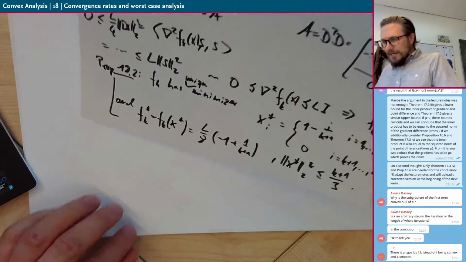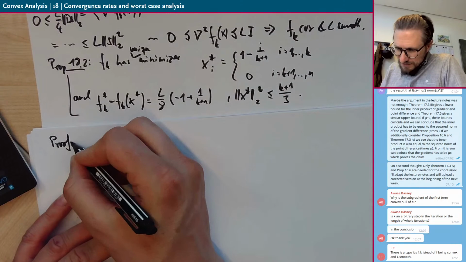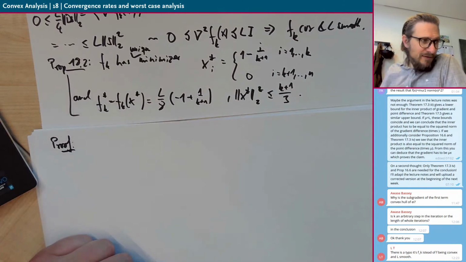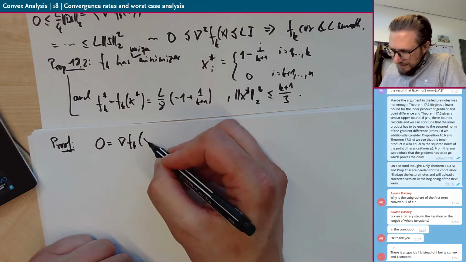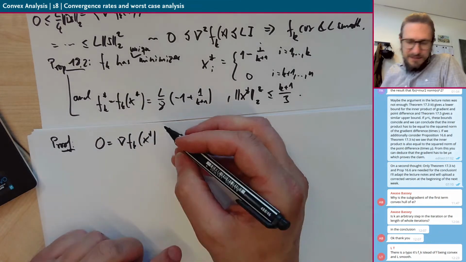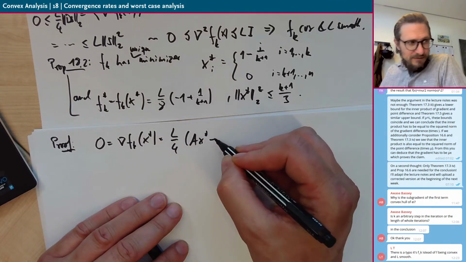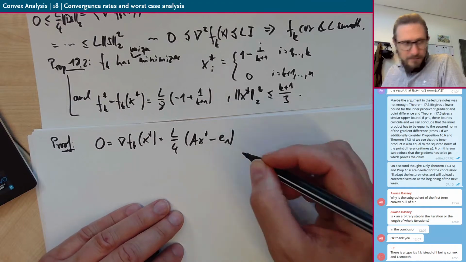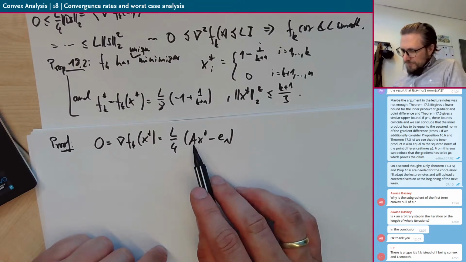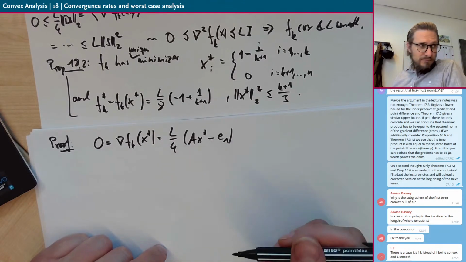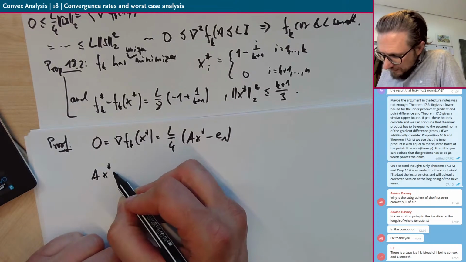So how do we prove this? That's basically calculations. The minimizer fulfills 0 equals the gradient of f_k at x star, and this is just L over 4 times A x star minus e1. So our x star has to fulfill A x star equals e1.